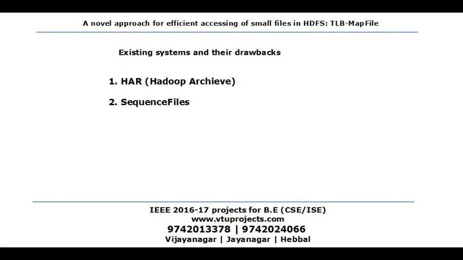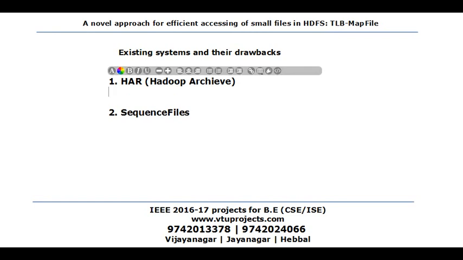Here we will just mention the disadvantages of these existing systems, because the IEEE author has studied them and has already proved that these systems cannot be used. The proposed system will have a lot of advantages over these systems, so it doesn't make any sense to understand the working of the existing systems. We will just come to the drawbacks, but you have to mention what all the existing systems available are in your project.